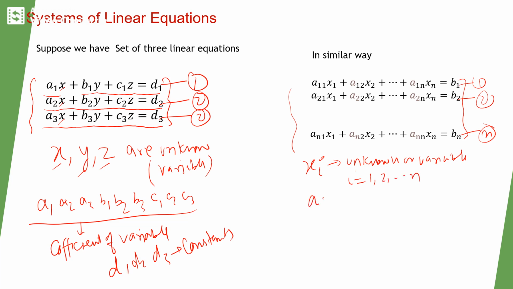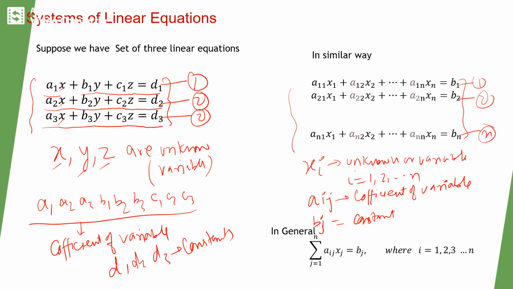And aij are the coefficients of the variables, or unknowns, and bj are constants. So in general we can represent this system by the summation of aij xi equal to bj, where i, j range from 1 to n. So this system is also represented in that form by using the summation sign.